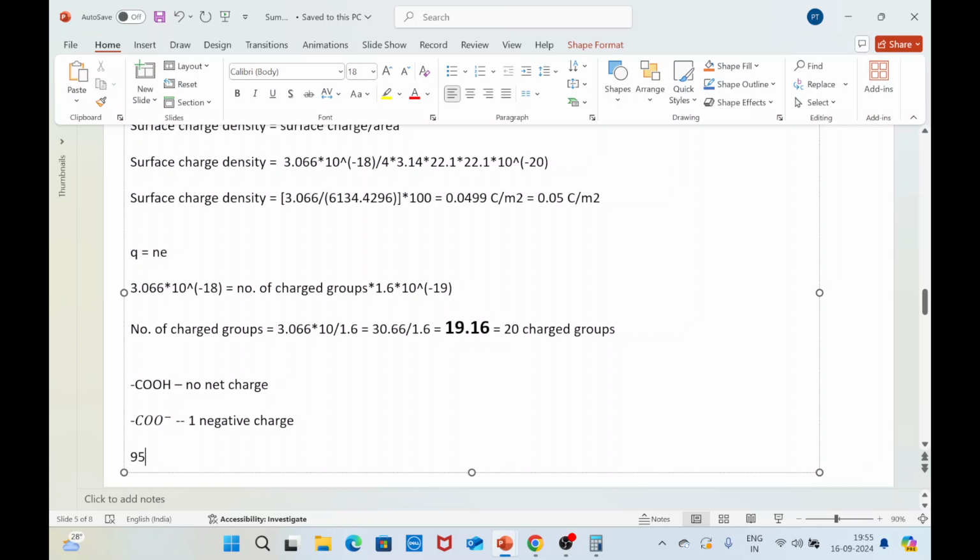95 point. Yeah. So as I said, it is 20% of N, or you can say the number of surfactant molecules, is equal to the number of charged groups.